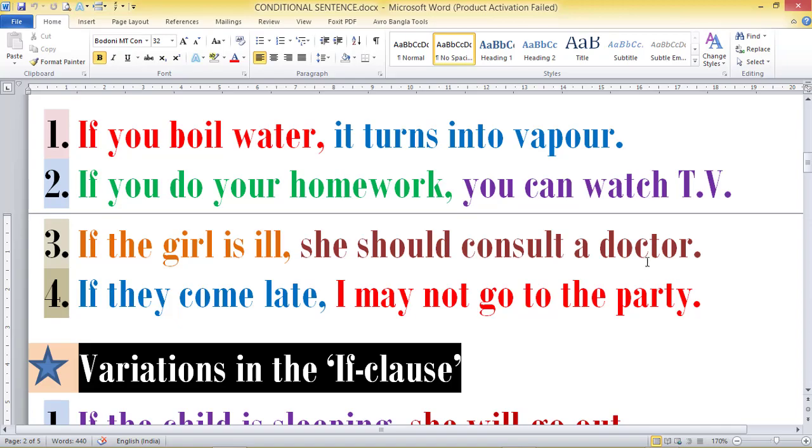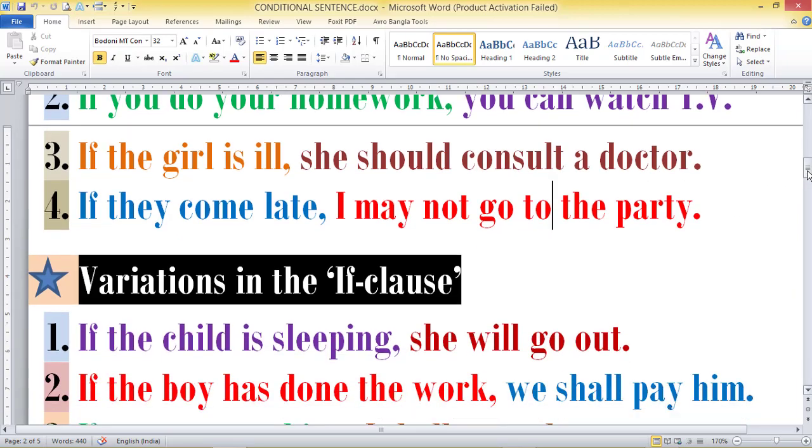Now let's go to the fourth sentence. The fourth sentence is: if they come late, I may not go to the party. In the if clause, as usual, as per rule, we have used present indefinite. And in the main clause, if you observe, after the subject, we have used the modal auxiliary verb may, then the present infinitive, that is the first form of the verb, go.